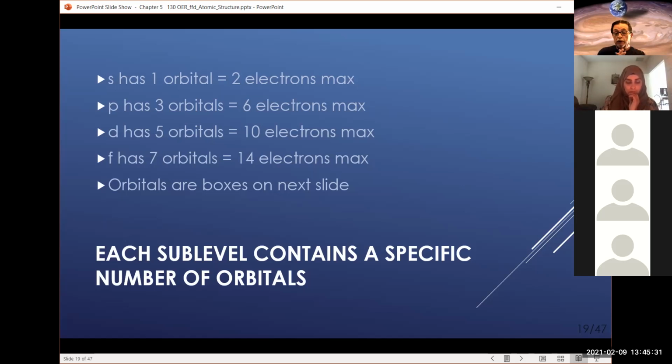So therefore, the p's have a maximum of 6 electrons we can put in p orbits because there's 3 of them and there's 2 electrons per p orbit. The d orbits are 5. There's 5 of them and each one can handle 2. Therefore, the maximum the d orbits can handle is 10 electrons.